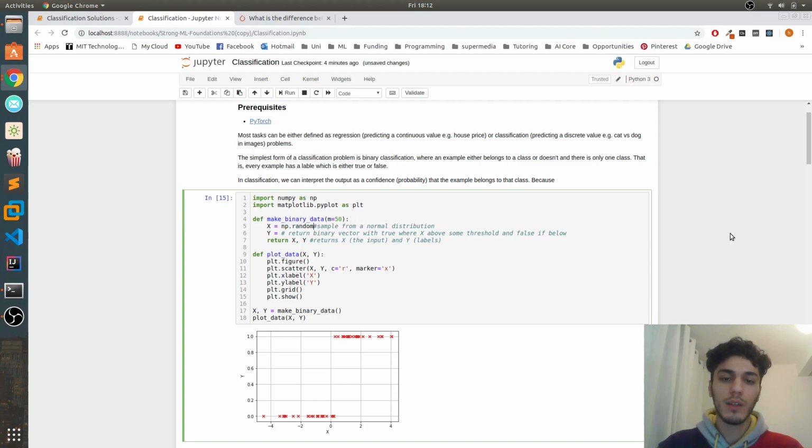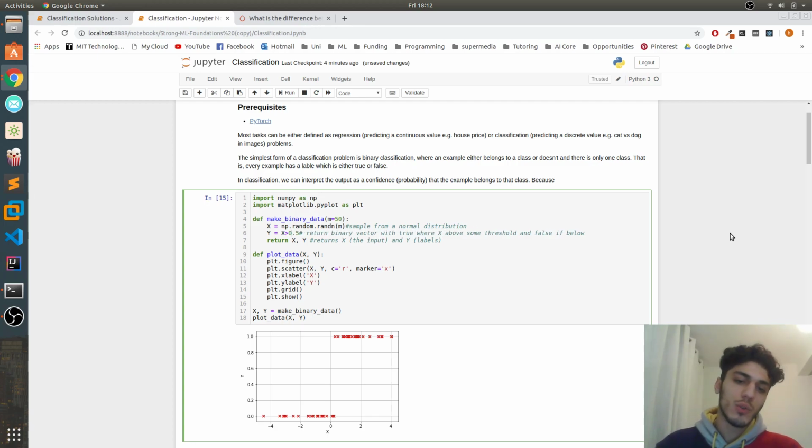So yeah, this is quite simple, we've done it before. So np.random.randn, and it takes one parameter, which is the number of samples we want, and I want m samples. Y, so I'm going to say y is equal to x is more than 0.5.